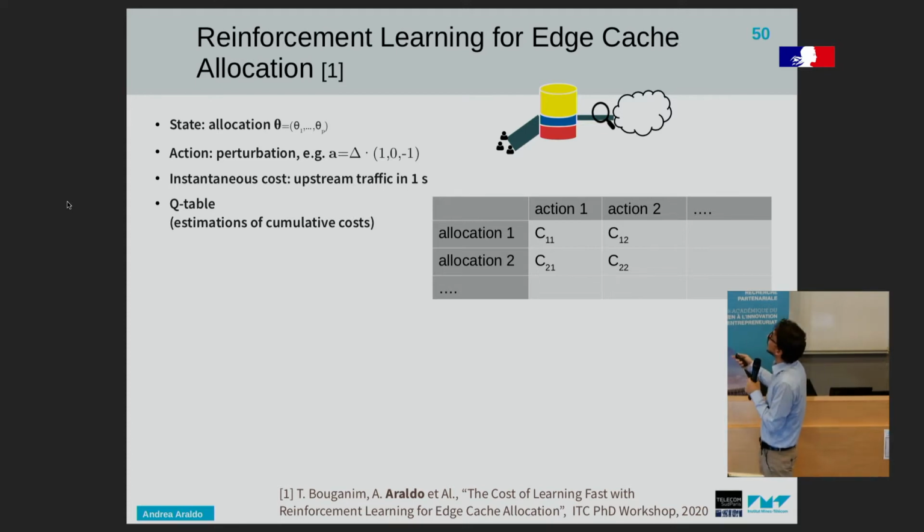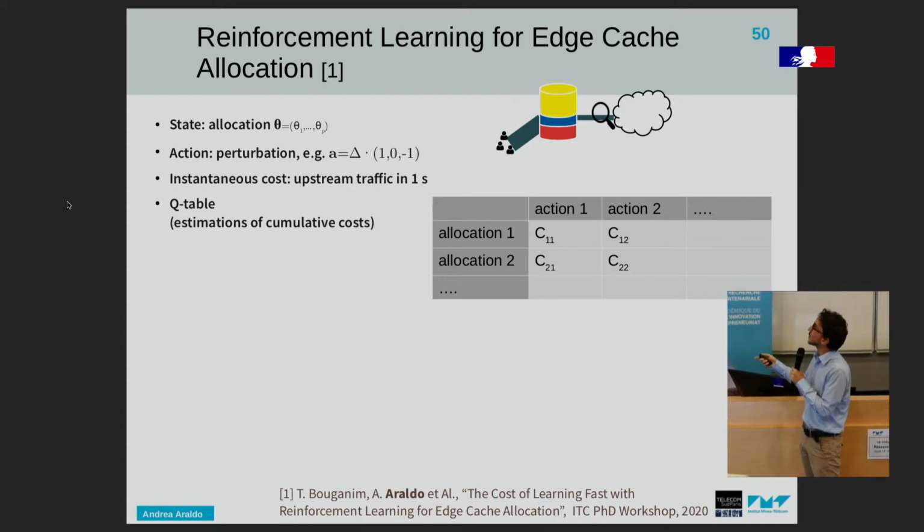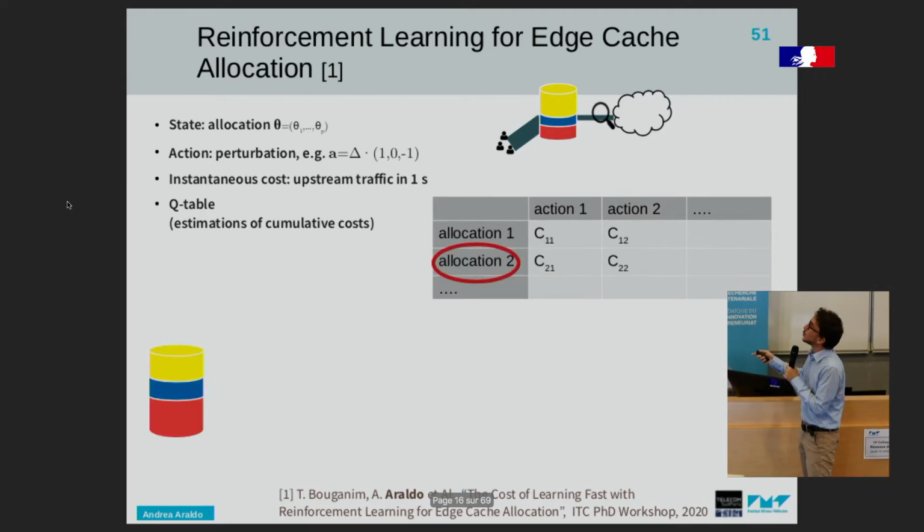And then we assume that we have an instantaneous cost that is the upstream traffic measured every second, and we have a Q table. So what is a Q table? So for every allocation and every action, the Q table tells us an estimation of the cumulative cost we may expect.